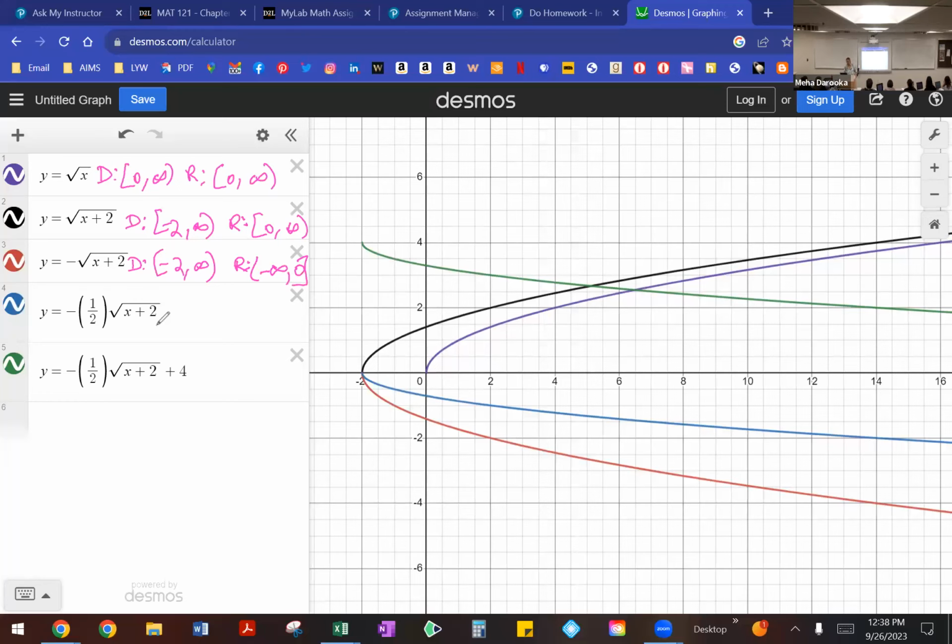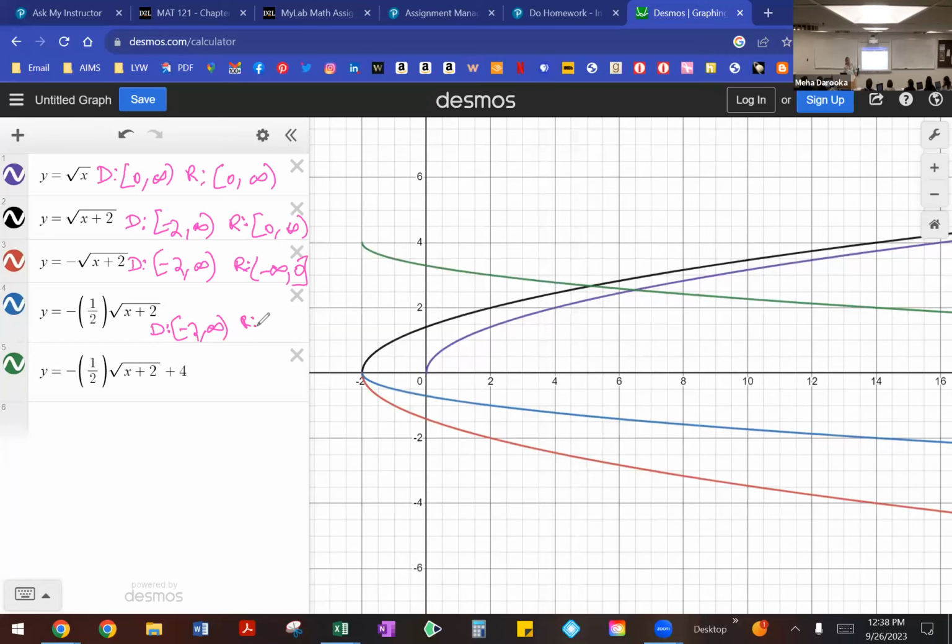All right, when you did the shrinking, how did that affect our domain and range? With the 1/2. Did it change my domain? No, because our starting point is still at -2, and we're still headed to infinity.